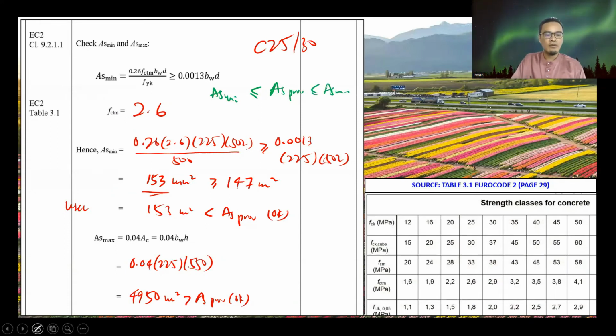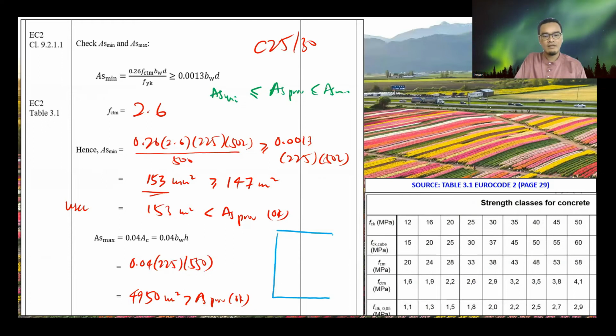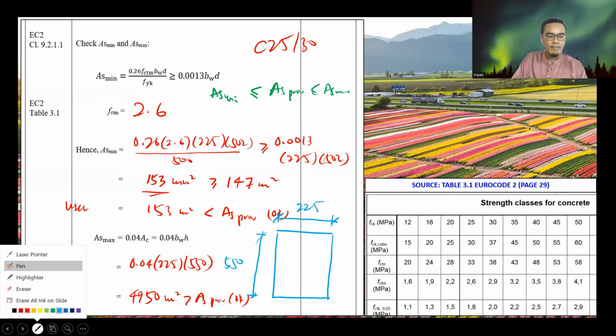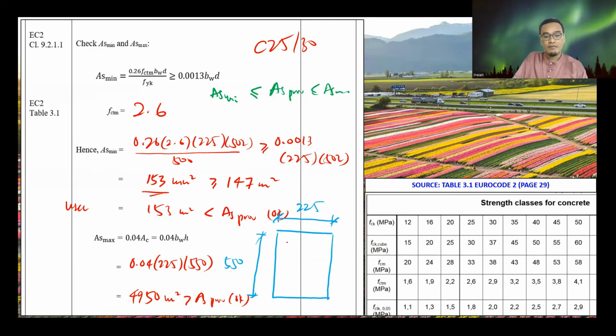Then you go for the detailing of the cross sections. You have to sketch the detail. Let's say this one is your section. Sketch the value of your BW 225 and the value of your H of 550. The compression reinforcement at the top is 2H16 and at the bottom is 5H20.